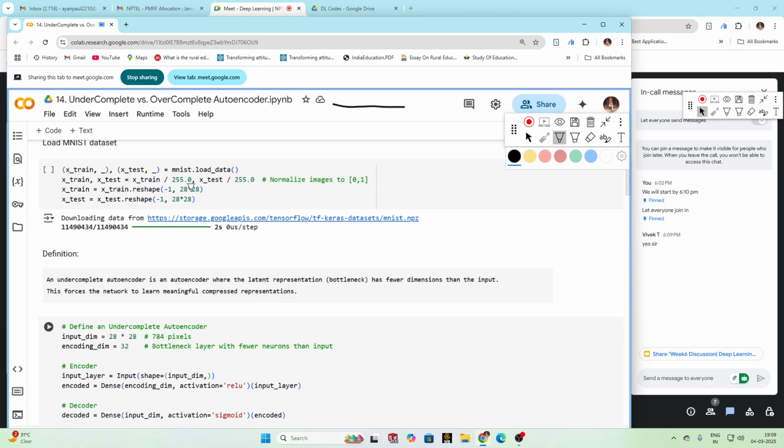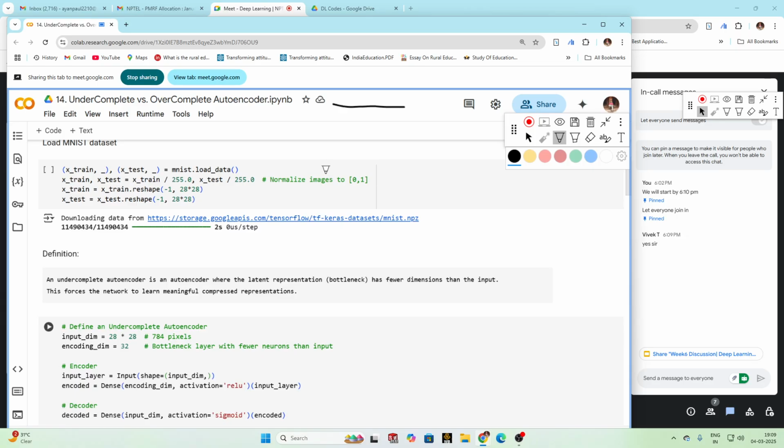Then for normalization, I want to have the values between 0 and 1, because if my values are between 0 and 255, there will be a problem for the model to learn. For example, if a pixel has a very large value and another pixel has a very small value, our model will learn the parameters better for the pixel of larger value.